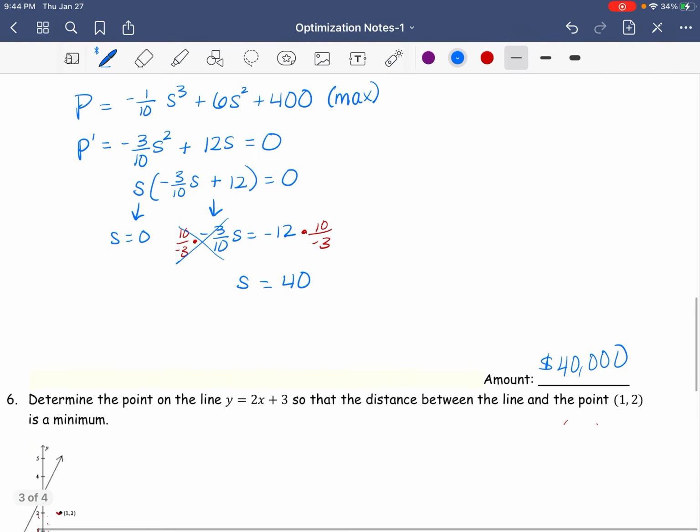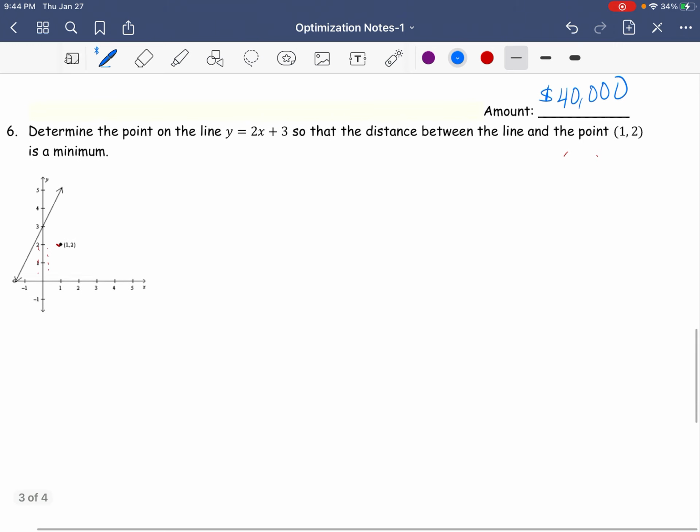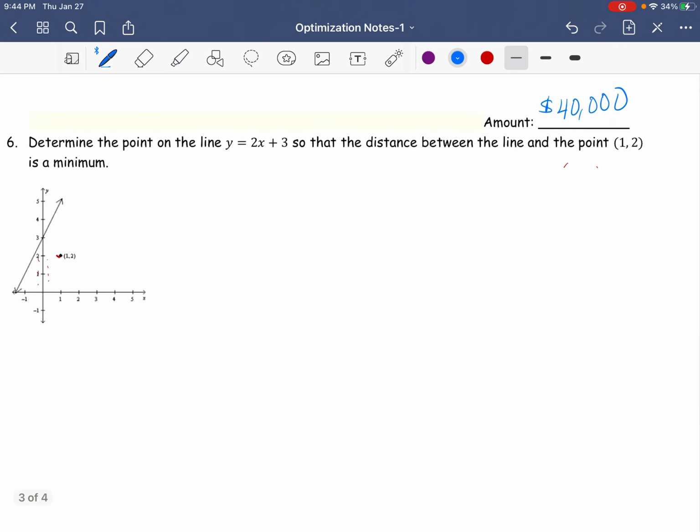Number 6, this is a popular AP style question. The others show up, but I've seen this multiple times. And it says, determine the point on the line y equals 2x plus 3 so that the distance between the line and the point (1, 2) is a minimum.